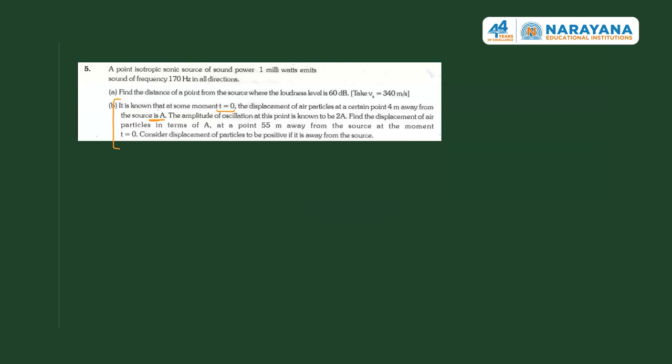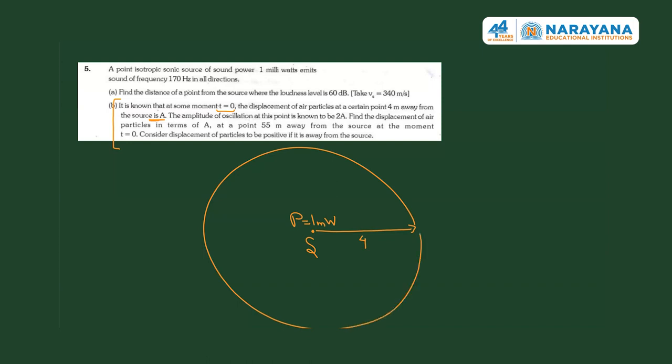So if I just draw this setup, it's like this point is behaving as a point source S. There is some power it is emitting, let's say 1 milliwatt. Then you are at a distance of 4 meters from this point. And I'm drawing a sphere, which is the equilibrium layer, or you can say the mean position of all the vibrating particles, which are lying at a distance of 4.